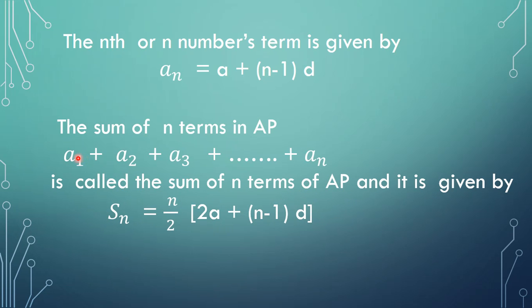Remember, when we are adding the numbers of the sequence it is known as sum of terms, and in the sense of arithmetic progression we call it sum of n terms of an AP and it is denoted by Sn. So the sum of n terms of an AP is given by n upon 2 into 2A plus n minus 1 into D.